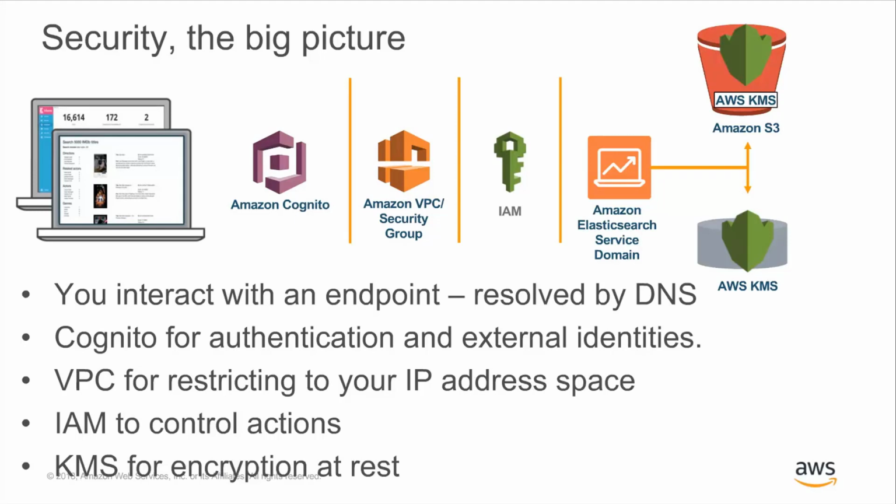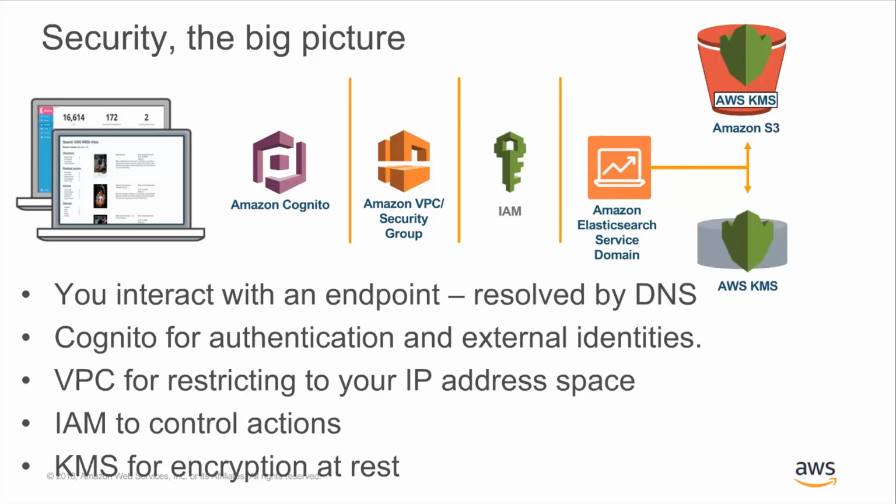Beyond that, your endpoint itself could either be on the public internet. In other words, your endpoint will be a DNS entry that resolves to an address on the public internet, or your endpoint could be resolved within your VPC. If it's within your VPC, you have additional means of shaping the network traffic that goes to that endpoint.